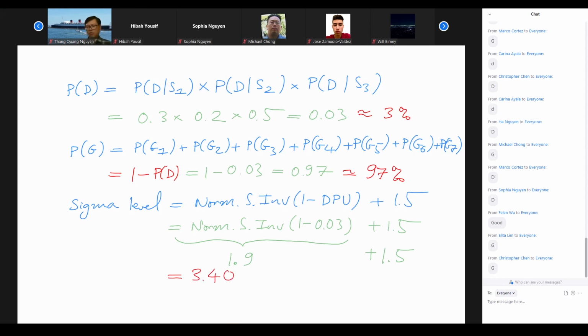So remember, earlier we only have 2.8 because we have nearly 10% defective. But in this case, we talk about only 3% defective. That's why the sigma level needs to be higher than before, right? We have a better process than the process that we had earlier.